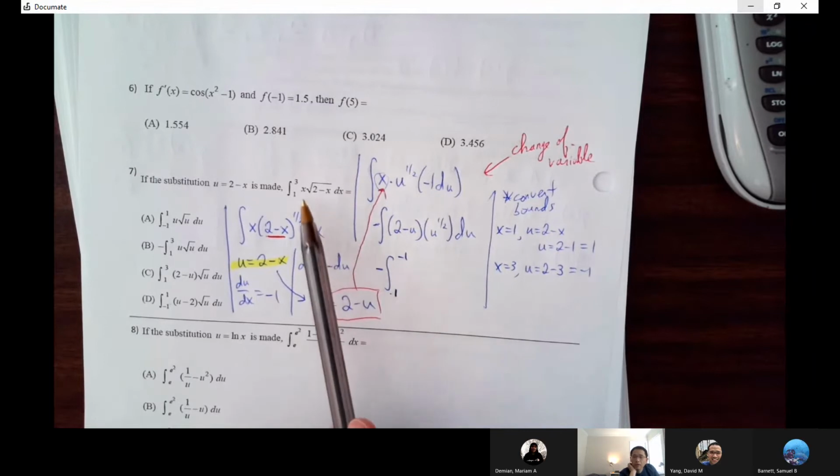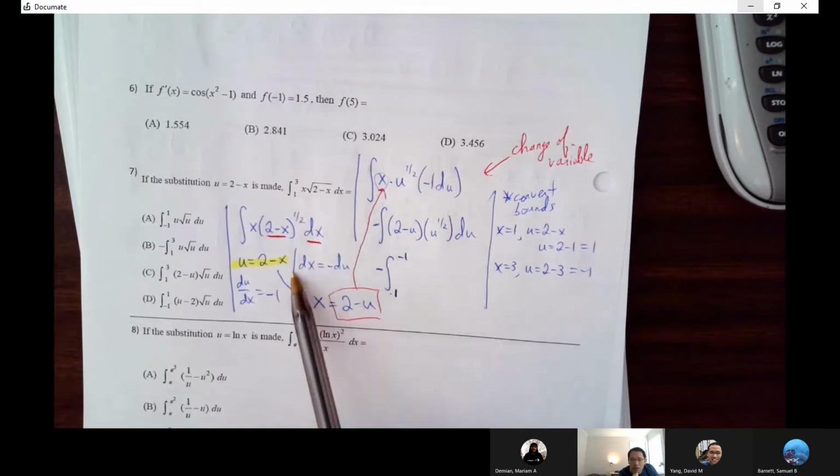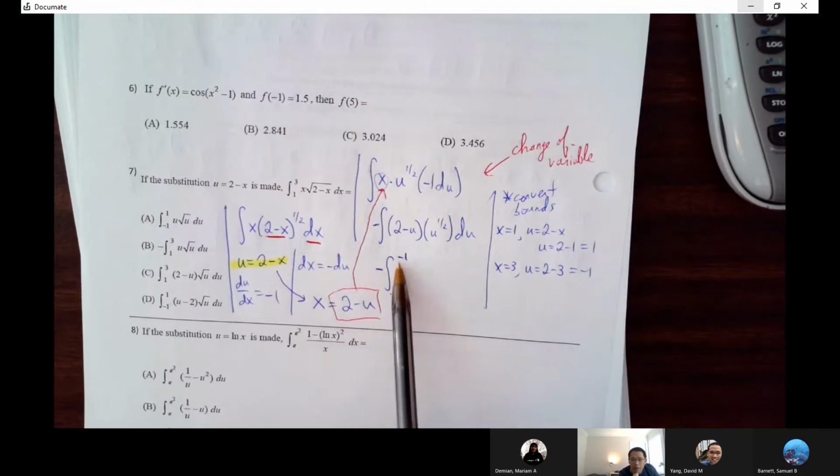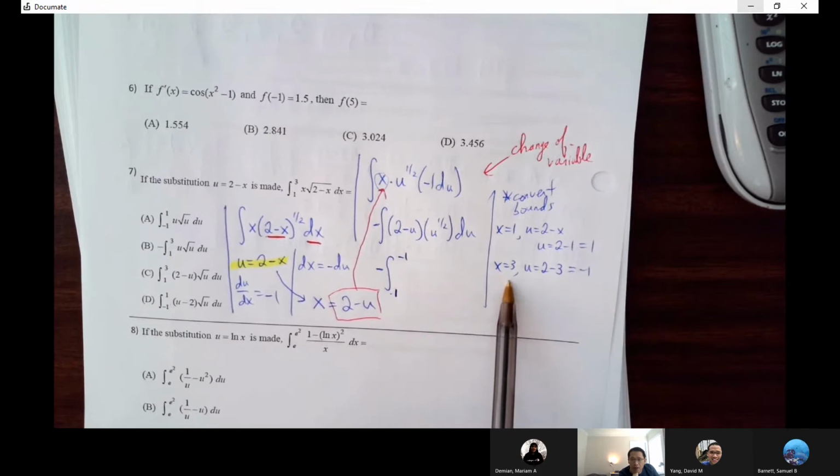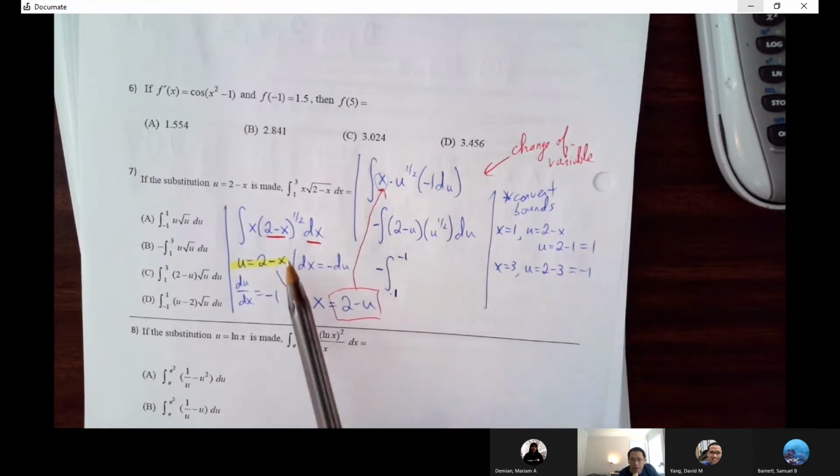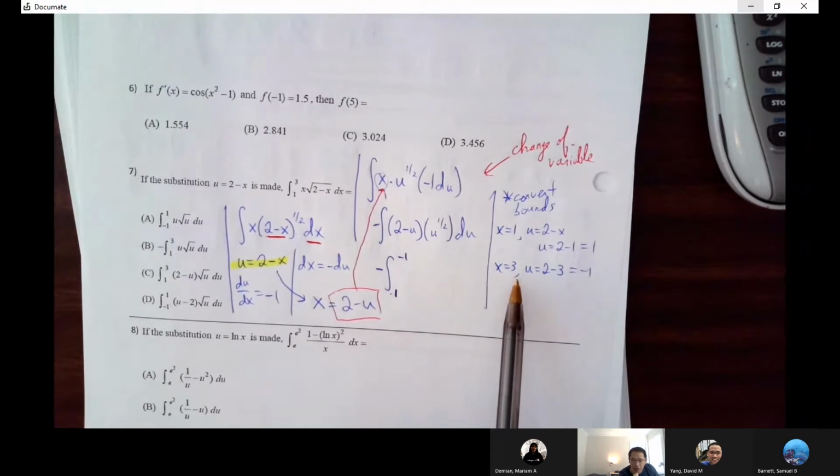Wait, let's see. x is equal to 1. 2 minus 1 is 1. -1, okay. So from 1 to -1, if I plug 3 in for x, u equals 2 minus x, right? Yeah, u is 2 minus x.